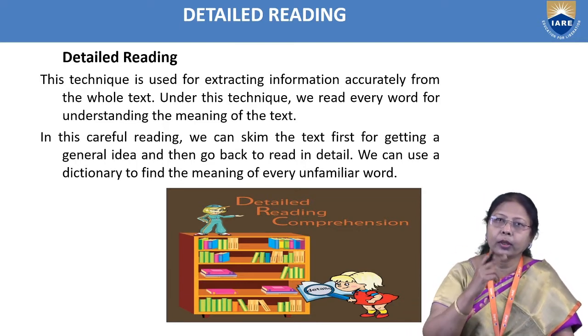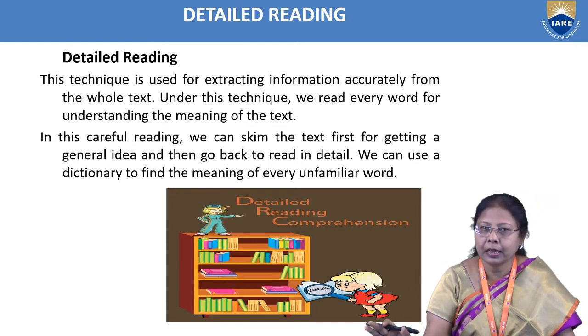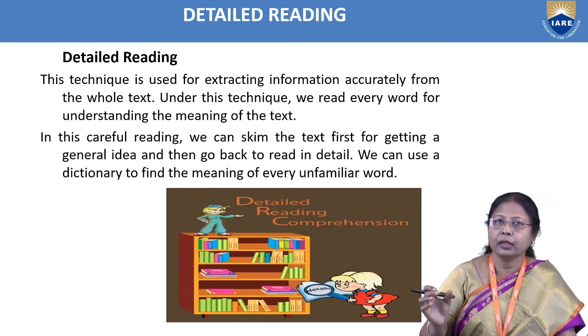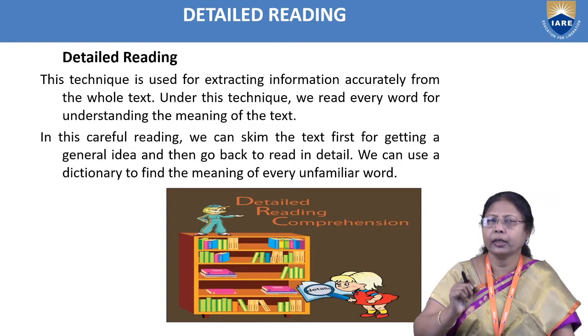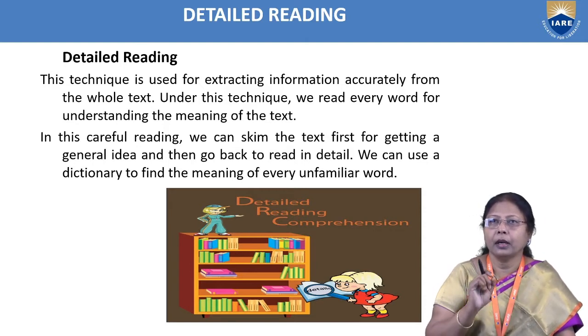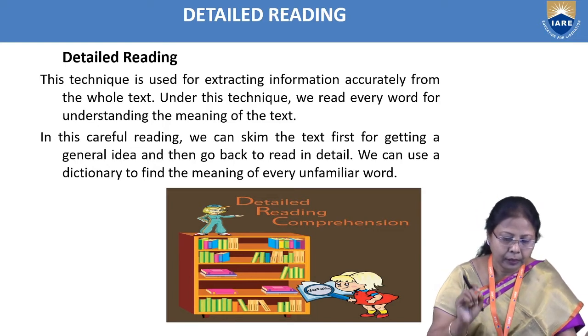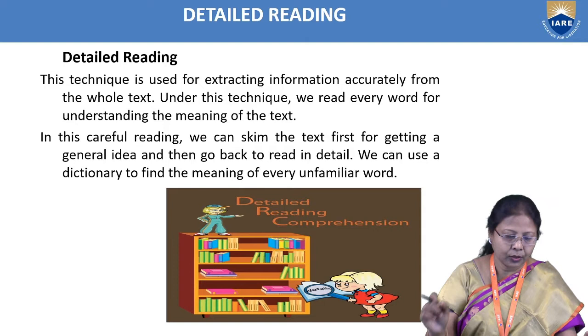accurately from the whole text. They'll not go for skimming or scanning or for the sake of gist or anything. They want each and everything accurately, pinpointedly from the whole text. Detailed reading we call this. Under this, we read every word, understanding it along with the meaning of the text.